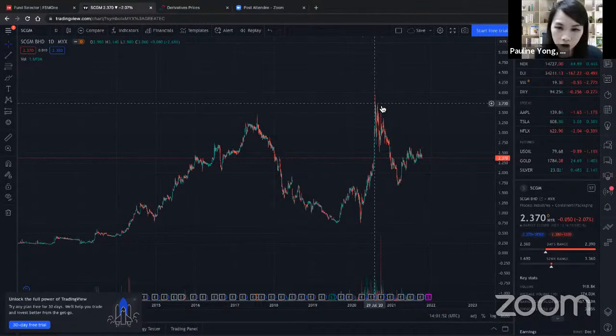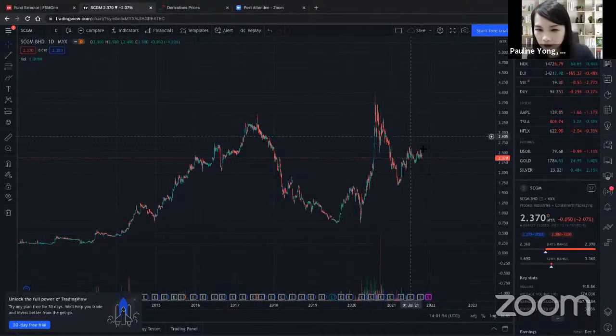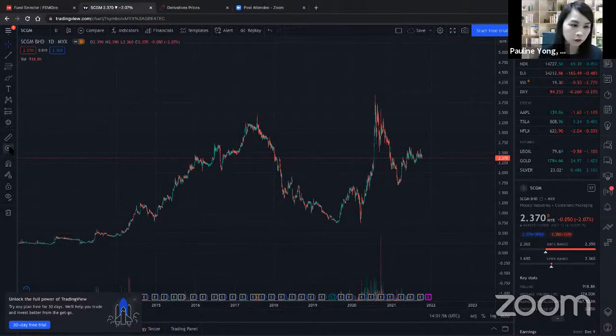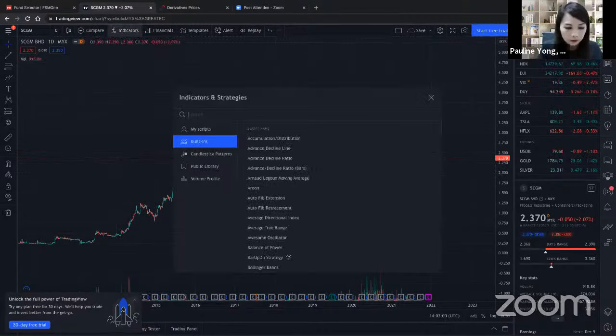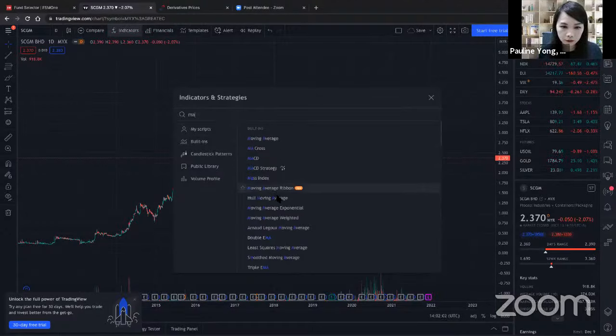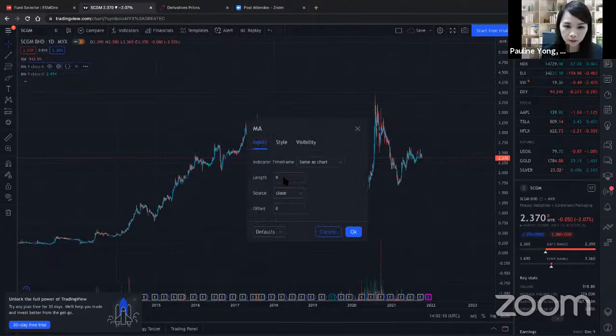So it is not so easy to pass this level, because I need to look at the 20-day and the 200-day moving average as well. So the MA lines, moving average lines. I need to see where is my 20 and my 200-day.